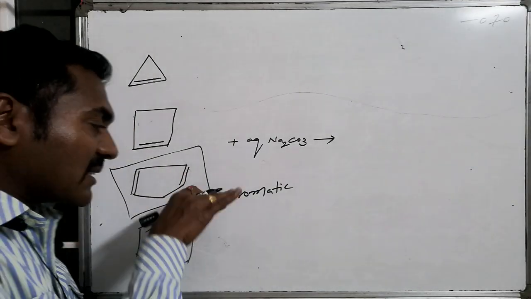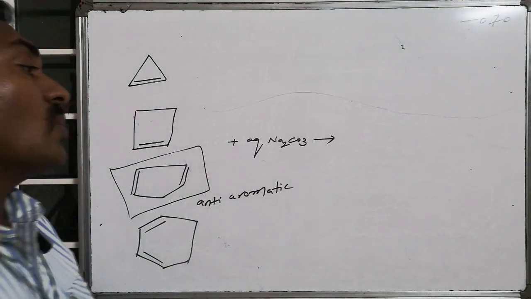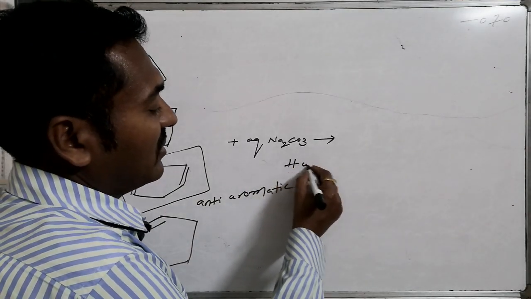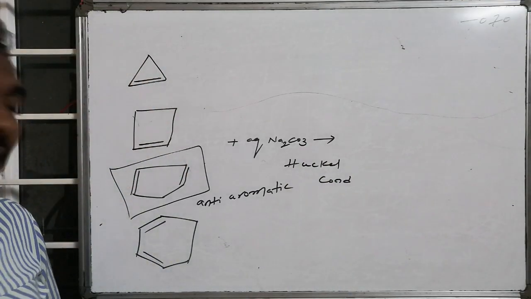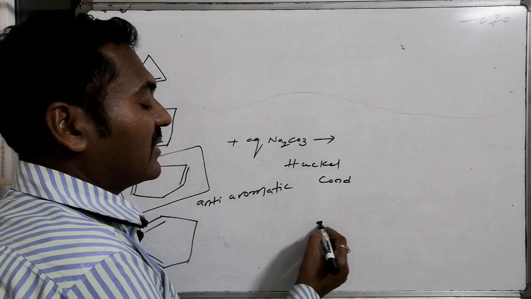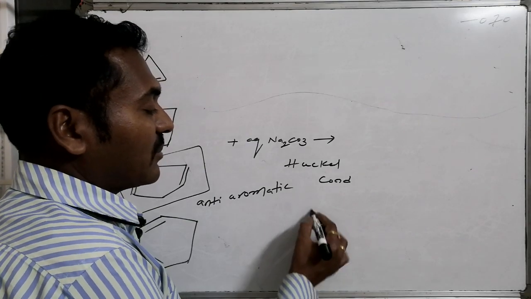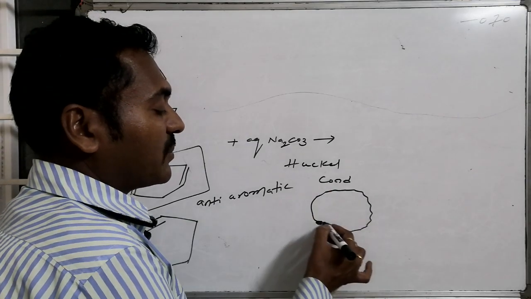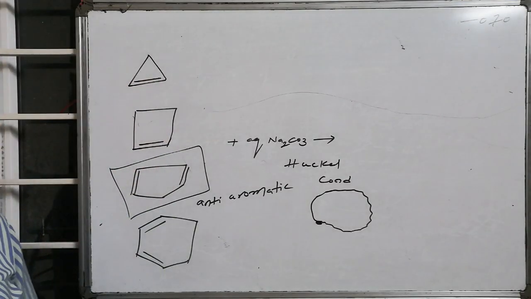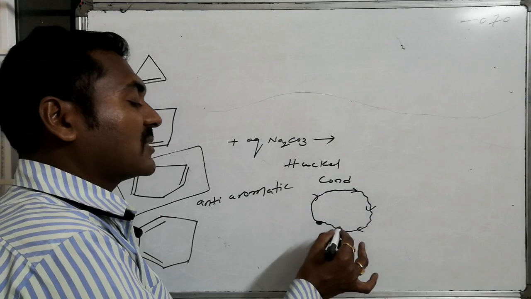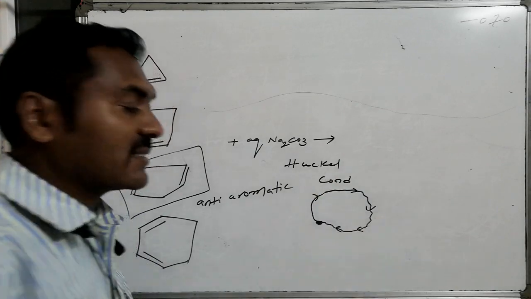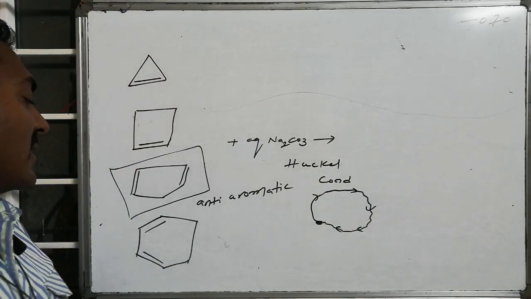That aromatic nature is possible if it attains Huckel conditions. What is meant by Huckel conditions is that the unsaturation, or the charge dispersion, can be extended from the starting position to the entire cyclic system and reach the initial state.